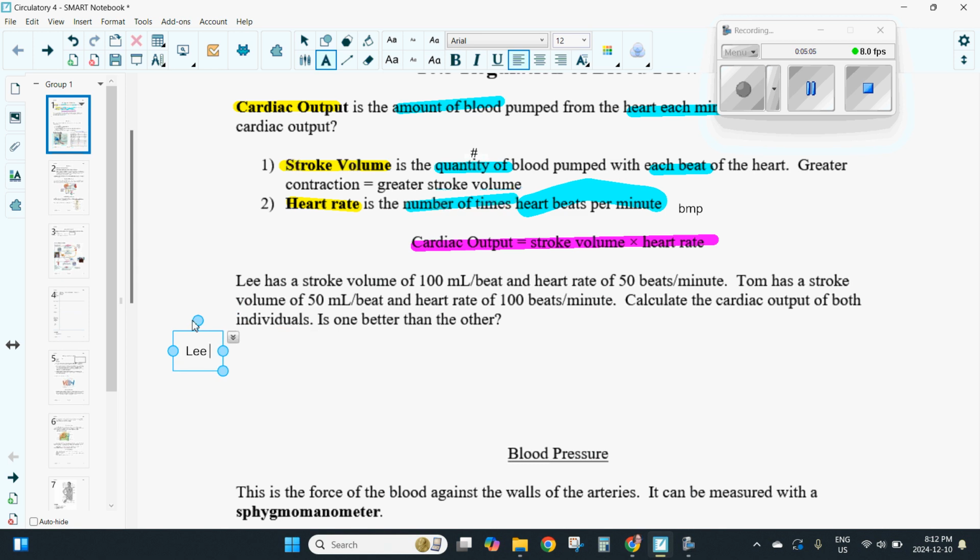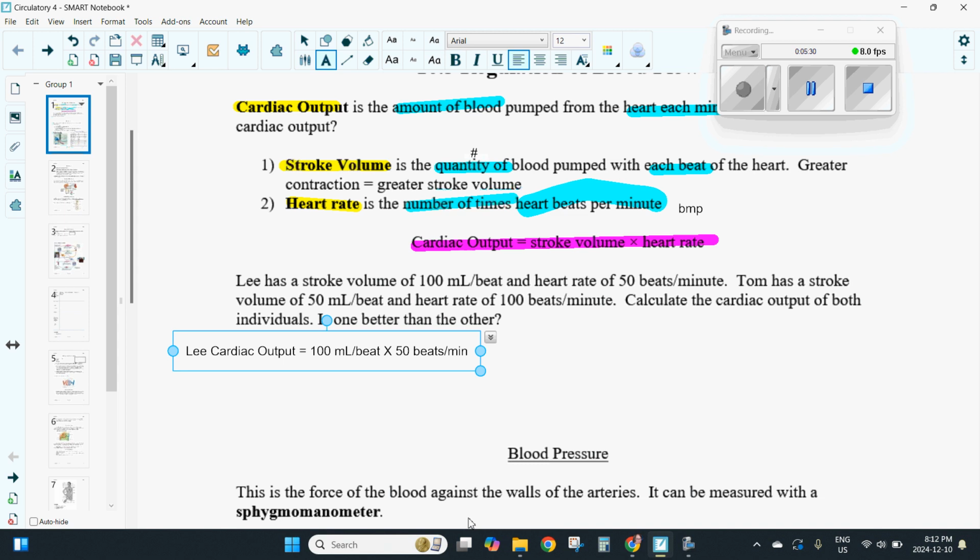So Lee, cardiac output equals, we are going to take his stroke volume, which is 100 milliliters per beat, and we are going to times it by his heart rate of 50 beats per minute.